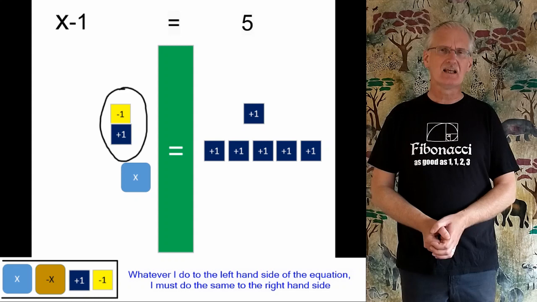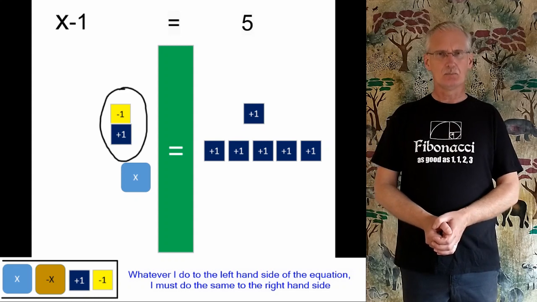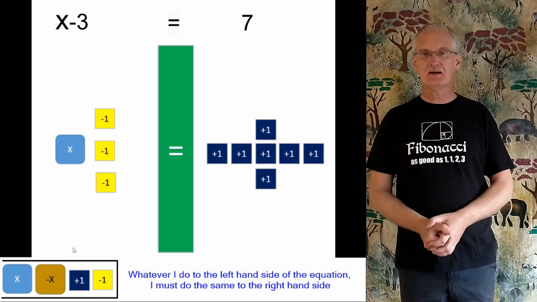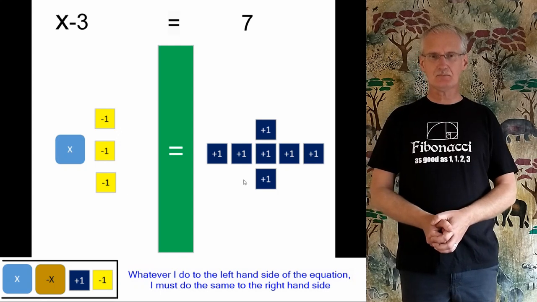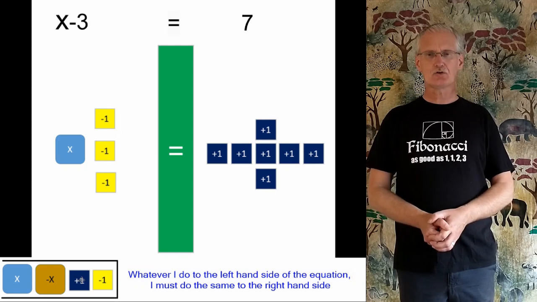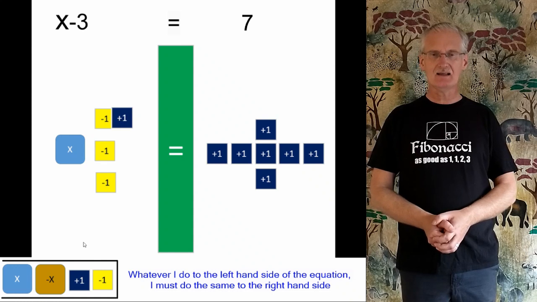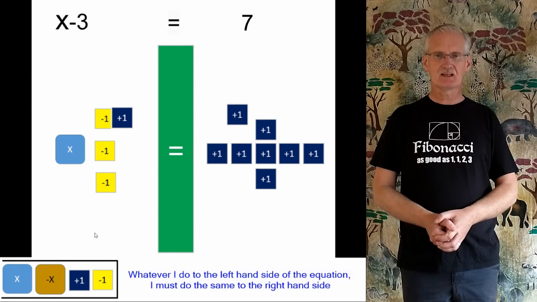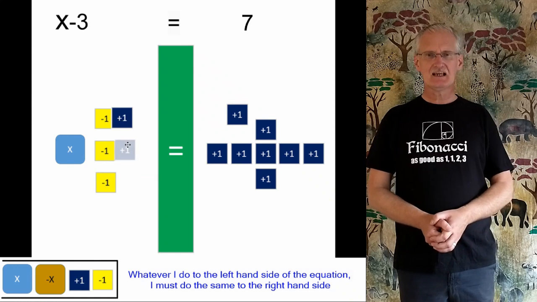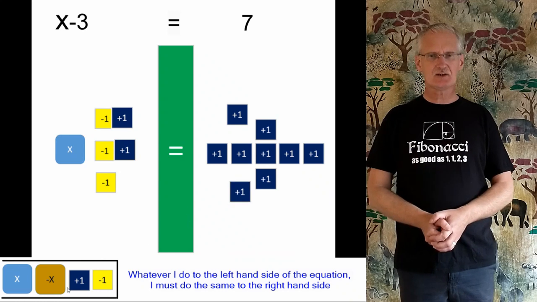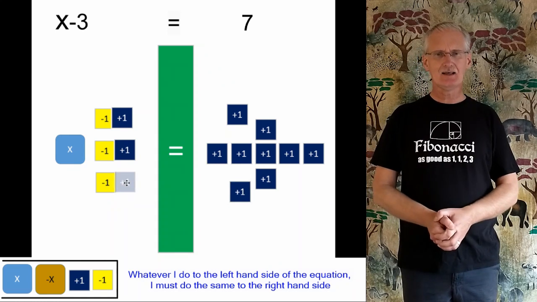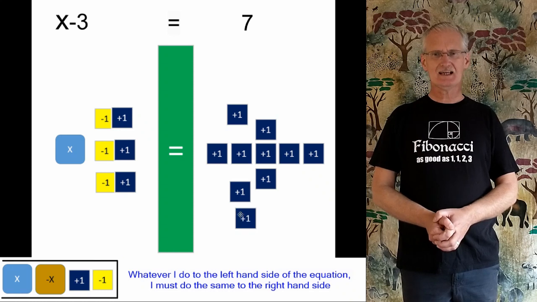So let's try another one that's just a little bit more challenging. So x minus 3 equals 7 is going to do exactly the same thing. We're going to add a +1 to create a zero pair there, and a +1 on the right hand side. I'm going to do that 3 times and create 3 zero pairs, and each time I'm adding positives to the right hand side.